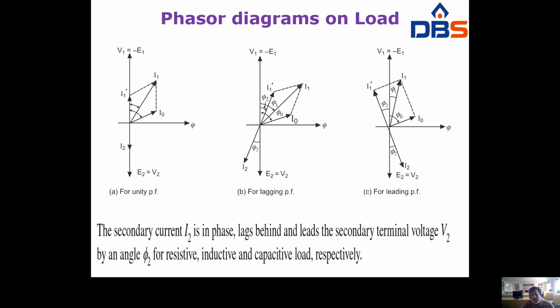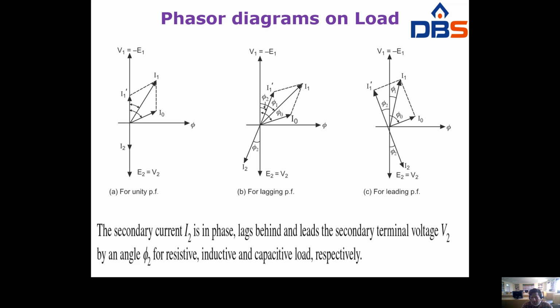Now the primary current I1 is generally the sum of no load current plus I1 dash. I1 dash is produced because of phi 2 produced in the secondary, and it is produced in the primary winding. That's why it is in phase with V1.